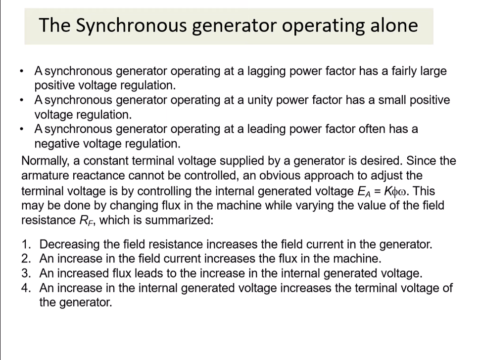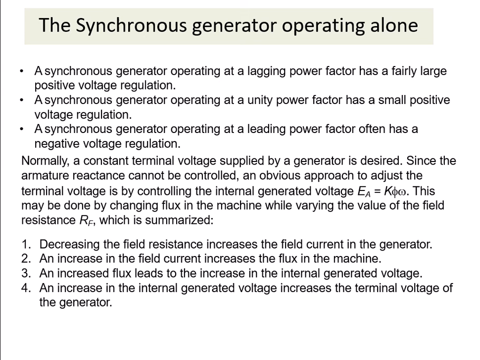Third, increased flux leads to an increase in the internal generated voltage, and fourth, an increase in the internal generated voltage increases the terminal voltage of the generator. So this is how our chain will go: if we decrease the field resistance, the field current increases, then the flux increases, which increases the internally generated voltage, and then our terminal voltage will be increased.